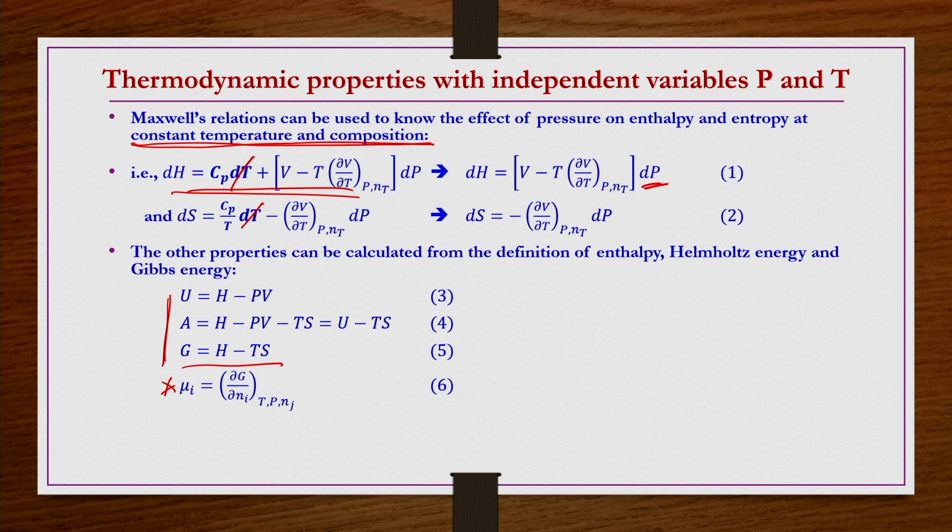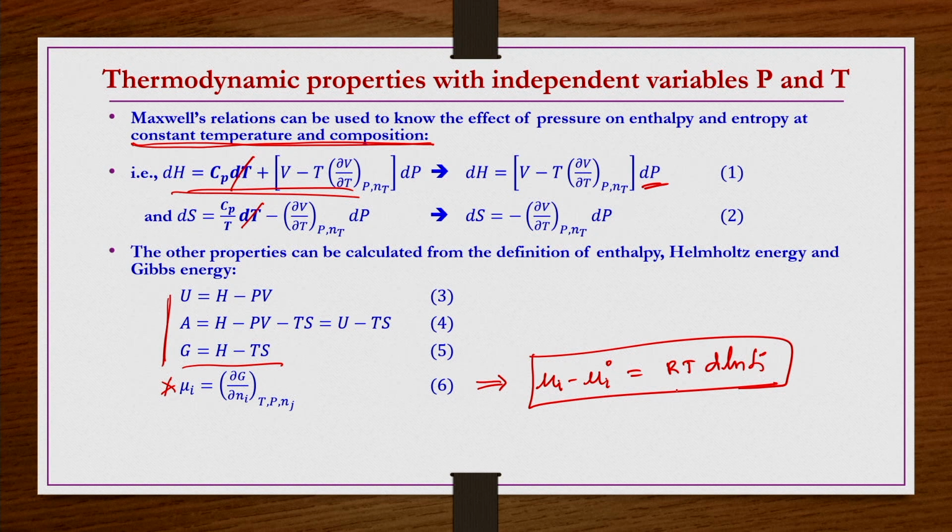chemical potential, mu i is equal to ∂G/∂Ni at T, P and Nj, as a kind of definition that we can take for the chemical potential evaluation, right. Because we know that once we know the chemical potential, mu i minus mu i naught is nothing but RT d ln fi. This we know, right. So, you know the G, so then you know the chemical potential mu i.